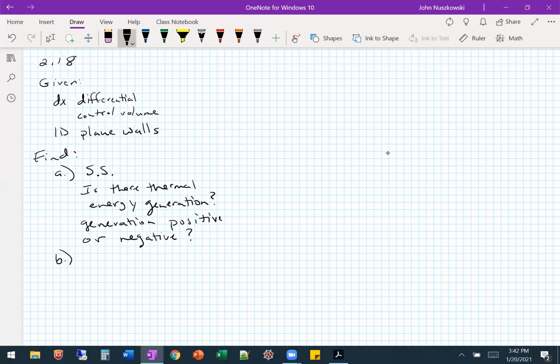Okay, part B is the same as A. So it'll just have a different schematic. C is now steady state conditions do not exist, so it's transient. And no generation, so no thermal energy generation.